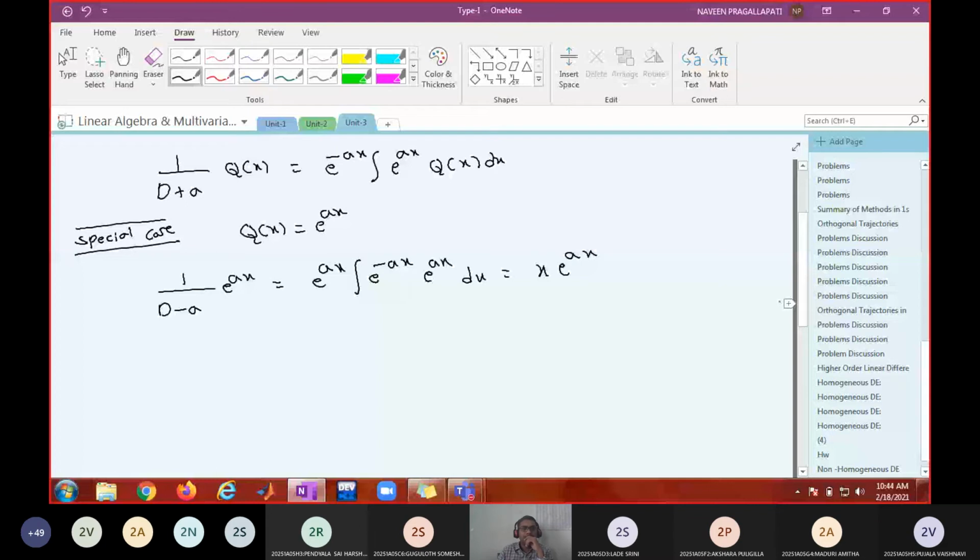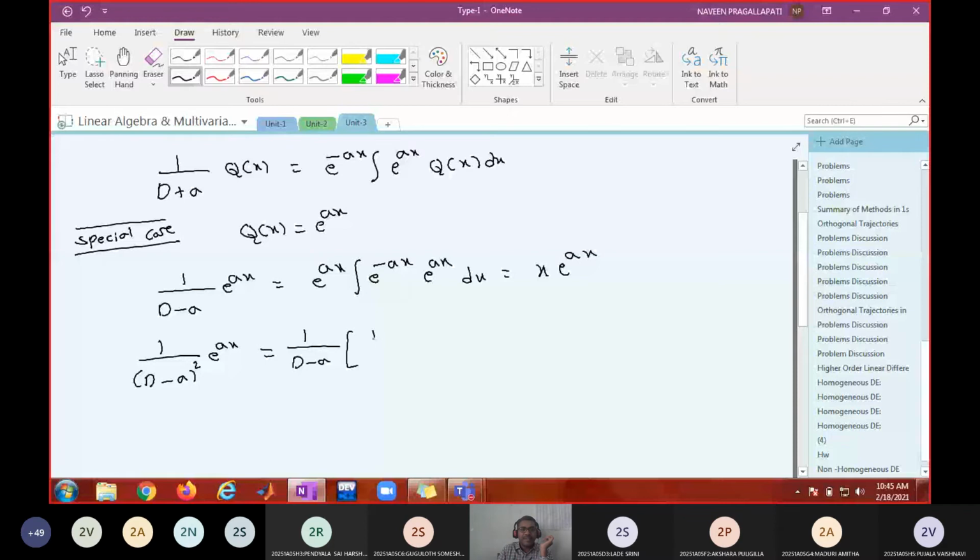Shall I proceed? Yes, sir. So if it is 1 by d minus a whole square of e power x, how can I rewrite this? 1 by d minus a of 1 by d minus a of e power x.